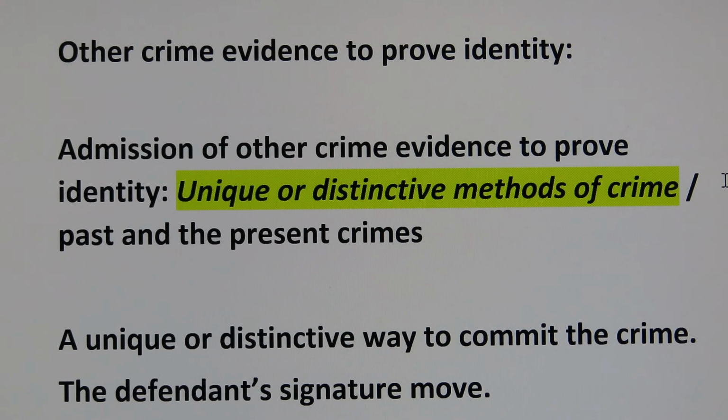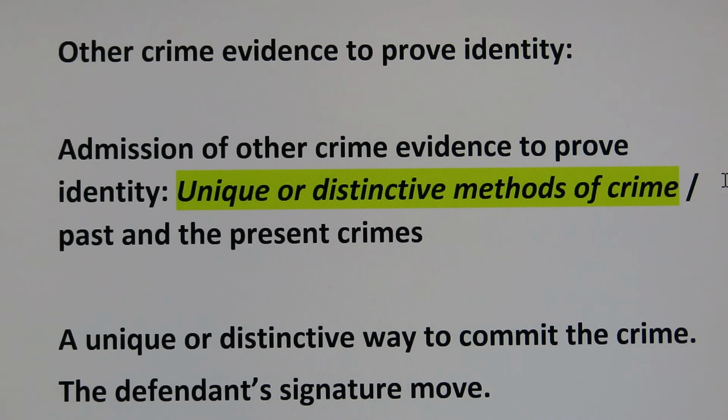That is, there must be a unique or distinctive feature or unique or distinctive method of a crime. When the defendant committed this crime, there must be this unique or distinctive feature in the method of committing the crime, so that we can say this unique or distinctive way of committing the crime is the defendant's signature move.